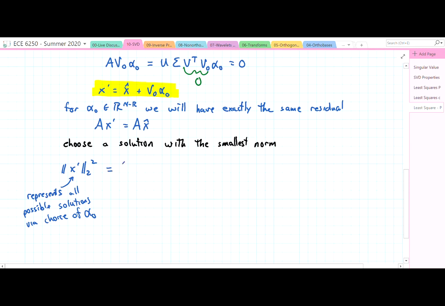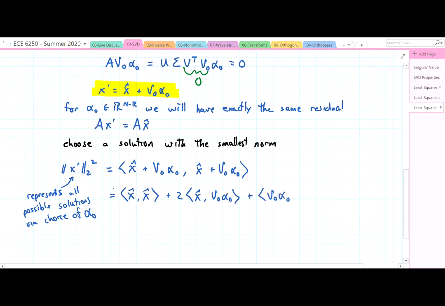And so that's equal to x hat plus V naught alpha naught, with itself, which is just x hat with x hat, plus 2 x hat with V naught alpha naught, plus V naught alpha naught with V naught alpha naught.